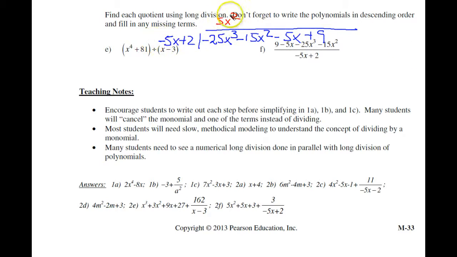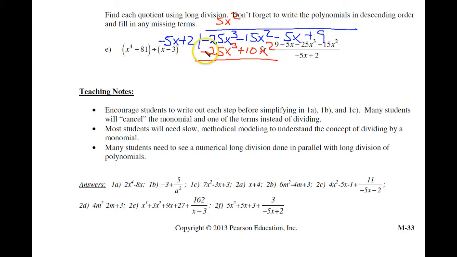Okay, so negative 5 times 5 is a negative 25x to the third. 2 times this is plus 10x squared.